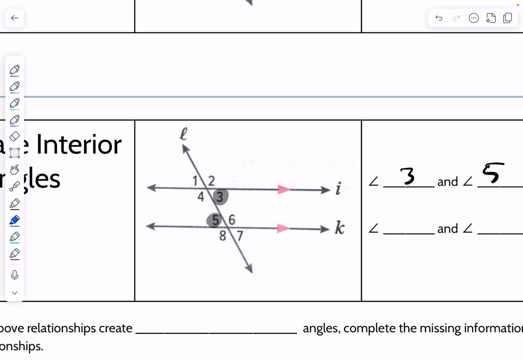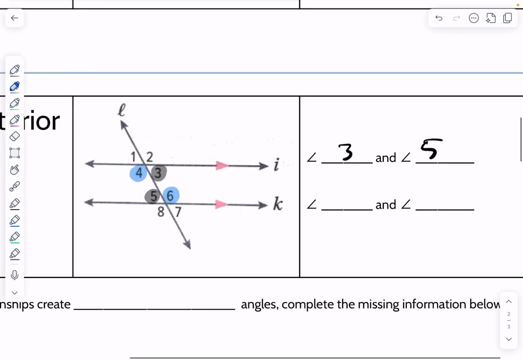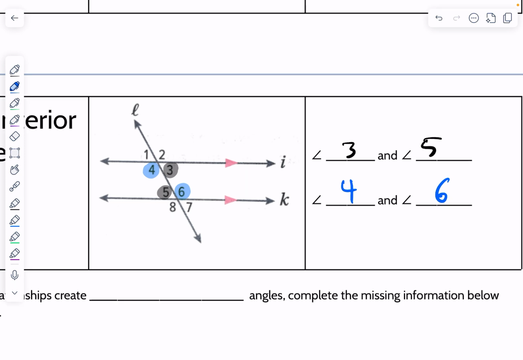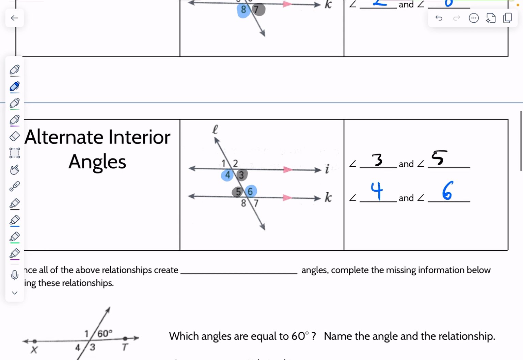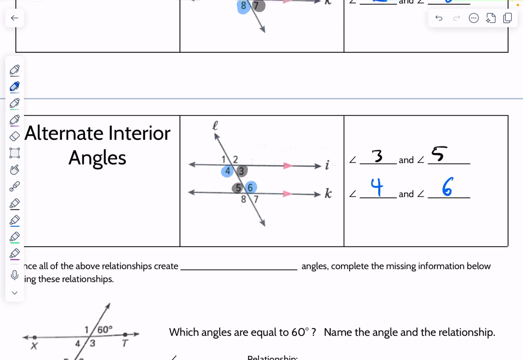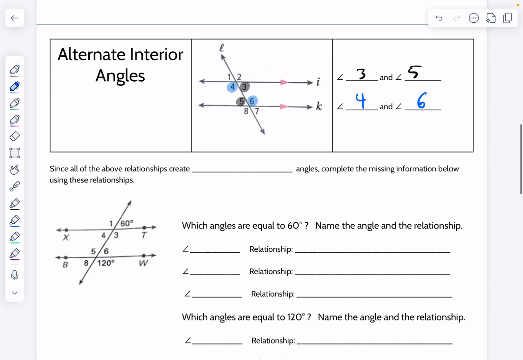And 4 would go with 6. So again, these are angle pairs, so they're equivalent. They're interior, so they're going to only be on the inside there. And they're alternate, so they're on opposite sides of the transversal.